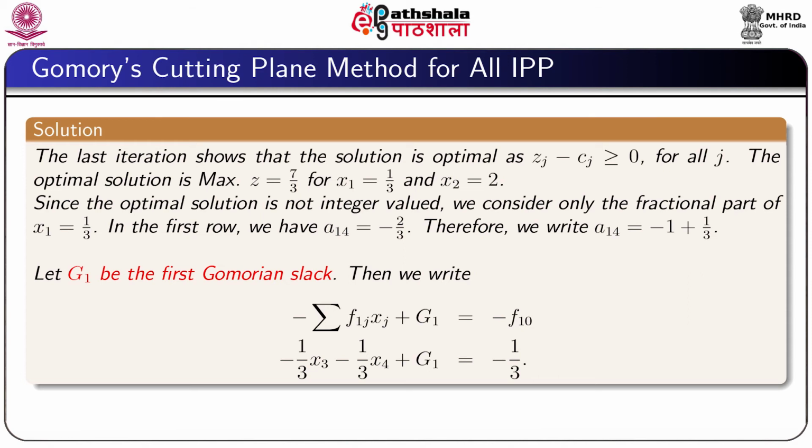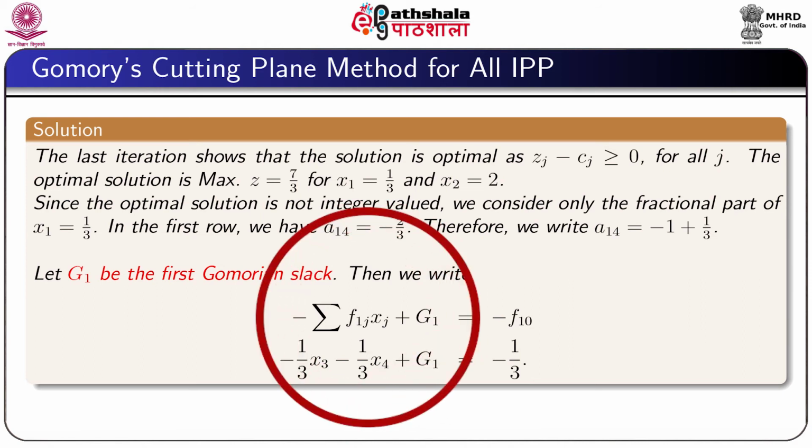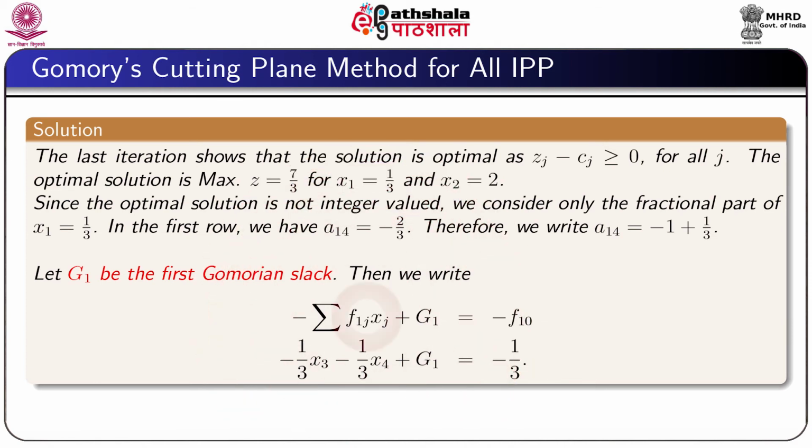Therefore, we write it as a positive fractional part: a14 equal to minus 2/3 can be written as minus 1 plus 1/3. Let G1 be the first Gomorian slack, then we have the Gomorian constraint minus summation f1j xj plus g1 equal to minus f10, and this gives minus 1/3 x3 minus 1/3 x4 plus g1 equal to minus 1/3.